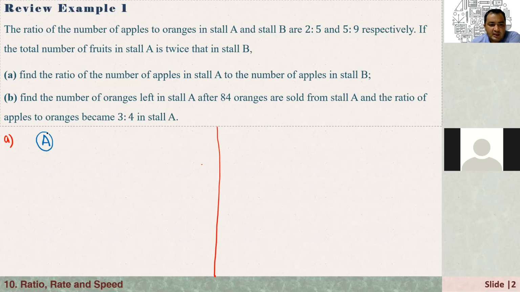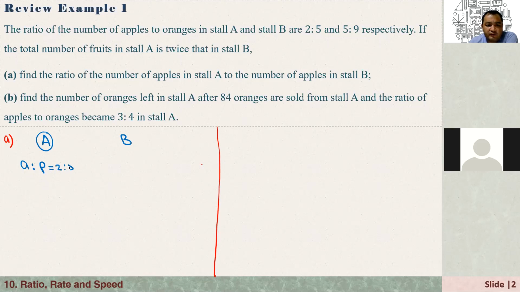Let's say this one is A and this one is B. Let me write here A to P. A is the number of apples in stall A, and P is the number of oranges in stall A. That is given, right?